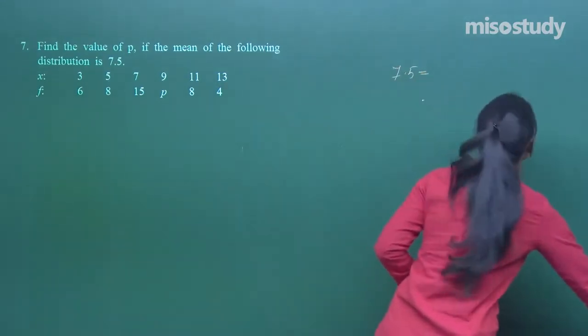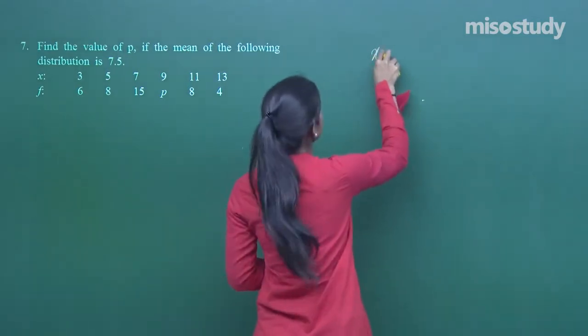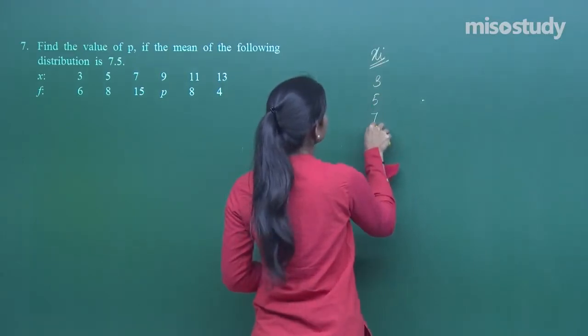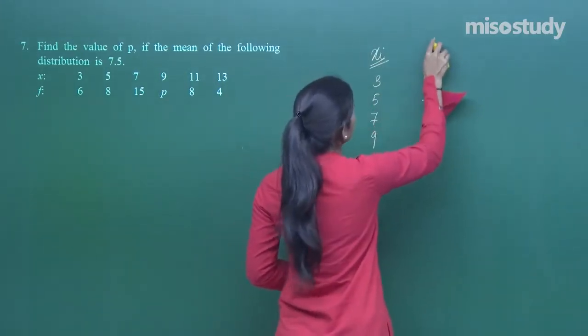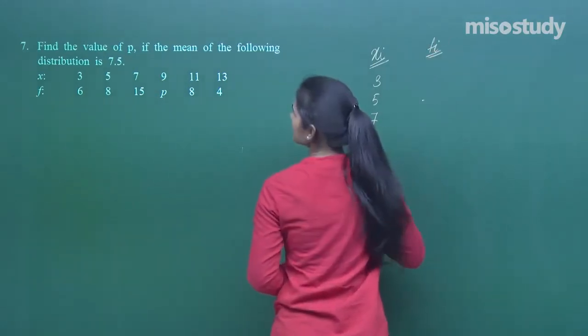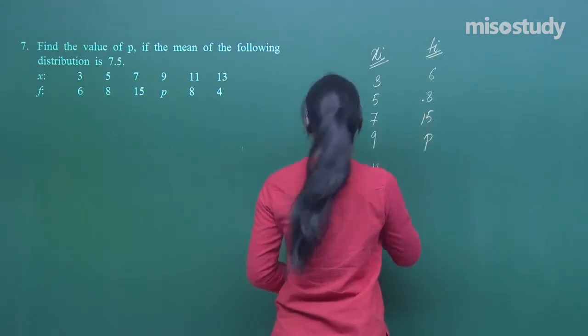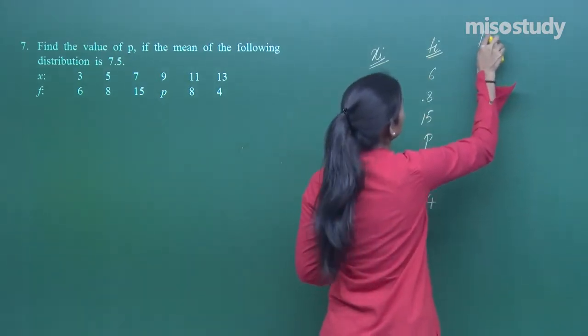Before we move on to the evaluation of p, let's first write xi's, which is 3, 5, 7, 9, 11, 13, and fi's are 6, 8, 15, p, 8 and 4.